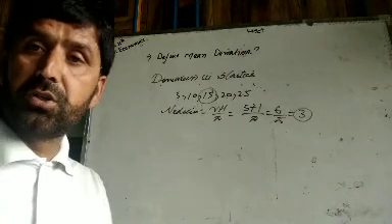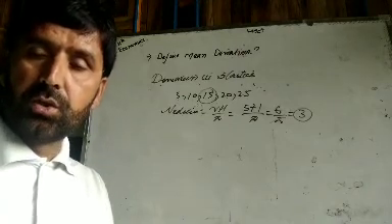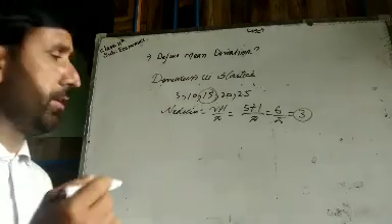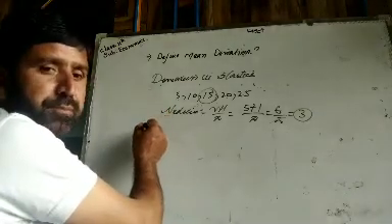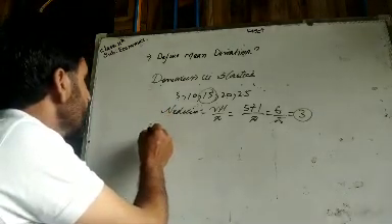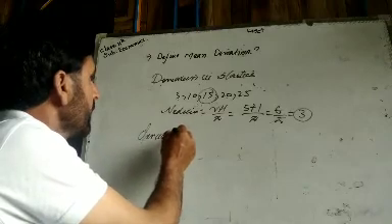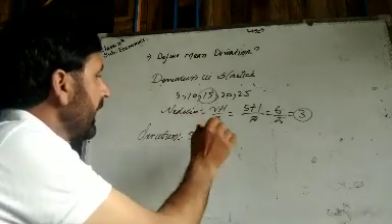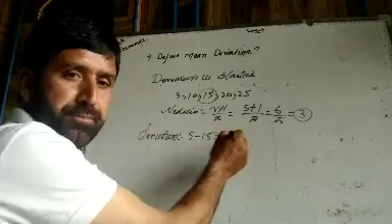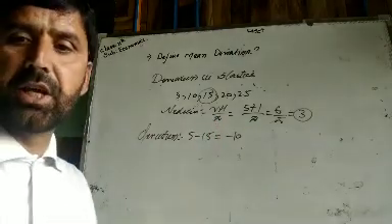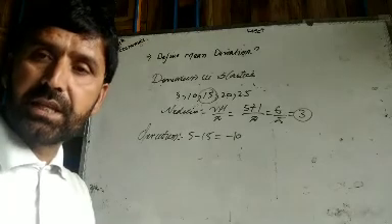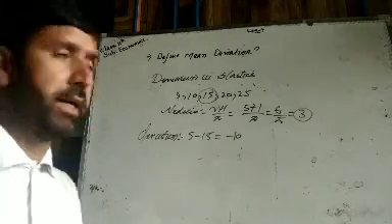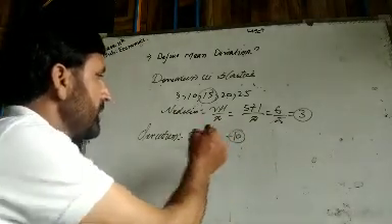Now when we find the deviation of the items of the series, we find these deviations: 5 minus 15, that is equal to minus 10. But this minus sign is ignored in the deviation, so it is 10.